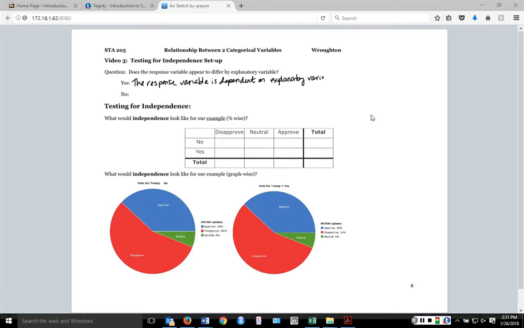Or in a sense, what we're really saying here is that there is a relationship between the two variables. So the one is affecting the other.